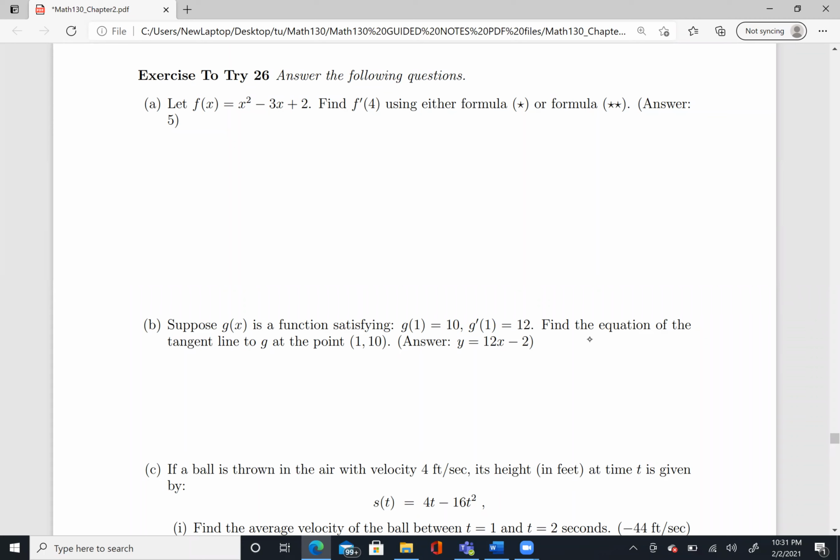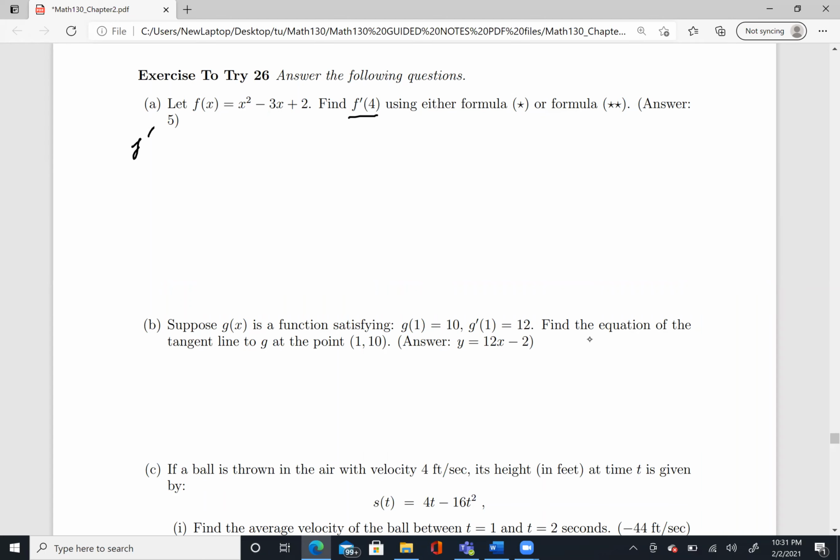So in this exercise 26, let me give you some hints. For A, we are looking for the derivative of f at 4, and you can use either formula, the first star or the second star. Usually you're going to use the first star. You guys can try the second one and compare with the first.